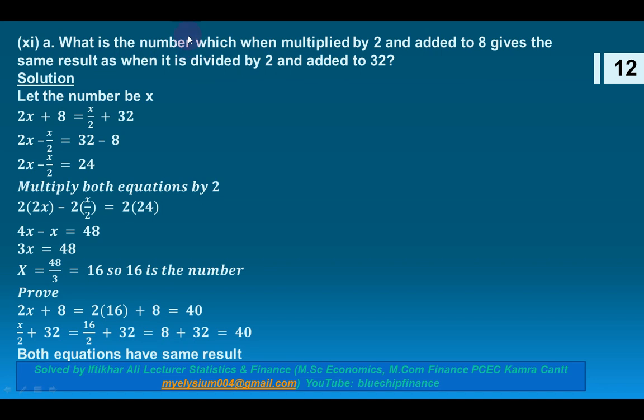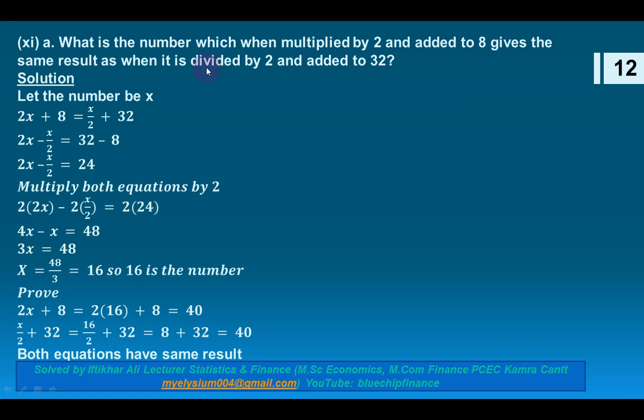The number is missing here, so the number should be x, which when multiplied by 2 means the expression will be 2x, and added to 8. Now the equation is extended a little bit, so now the equation will be 2x plus 8 gives the same result, which means equal.